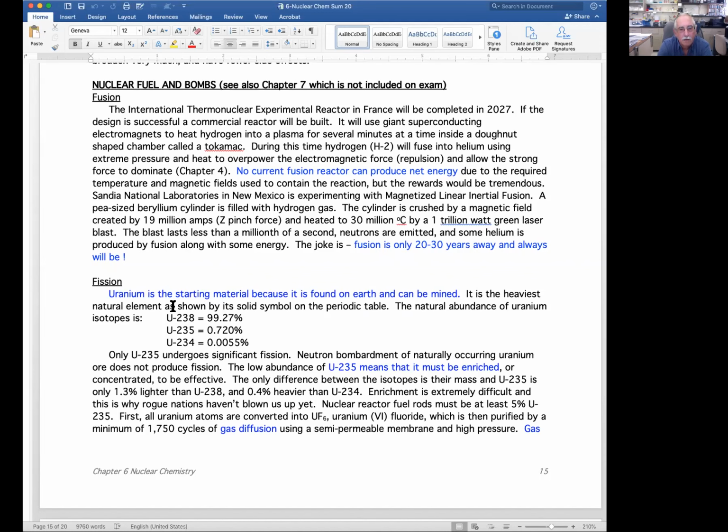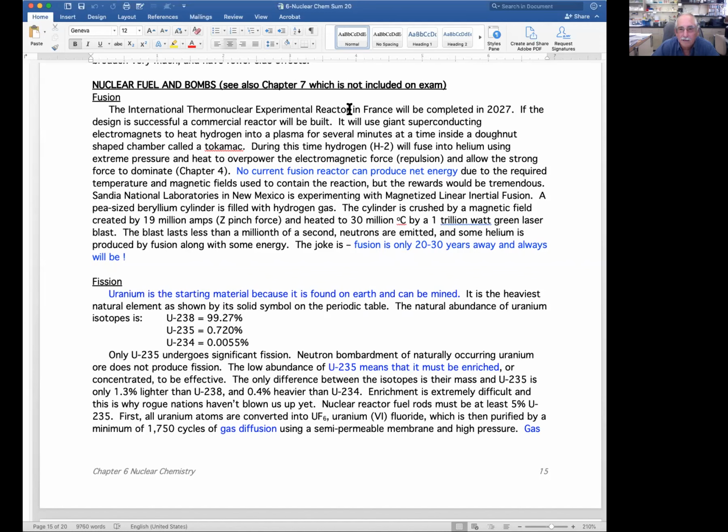So, nuclear fuel and bombs, I don't want to go into it a lot. I did in chapter 7, which we're not covering because I wrote a lot of stuff about nuclear fuel. So listen to this. The International Thermonuclear Experimental Reactor.